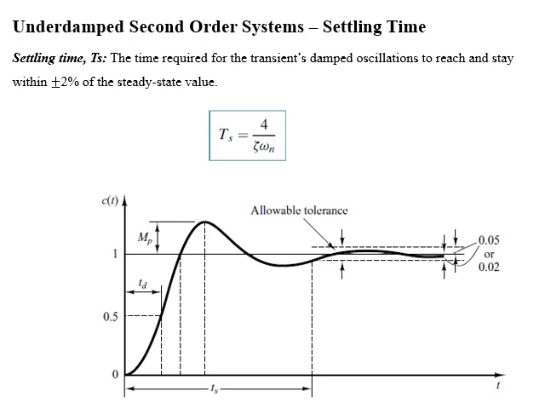Dear students, now we will study settling time. Settling time is the time required for the transient's damped oscillations to reach and stay within 2% of the steady state or final value. Mathematically, settling time equals 4 divided by zeta omega n, and 1 over zeta omega n equals the time constant of an underdamped second order system.